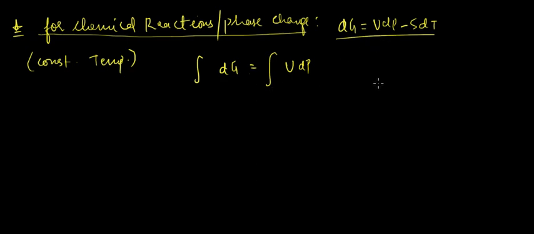So if we have delta G now, d of delta G would be nothing but delta V dP.